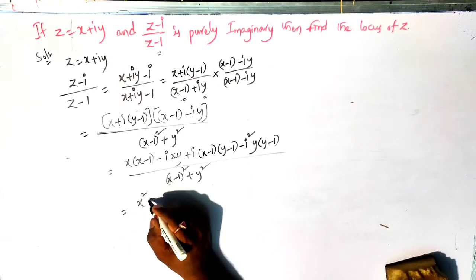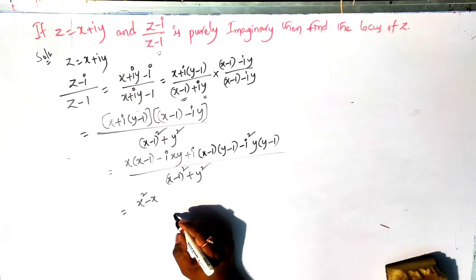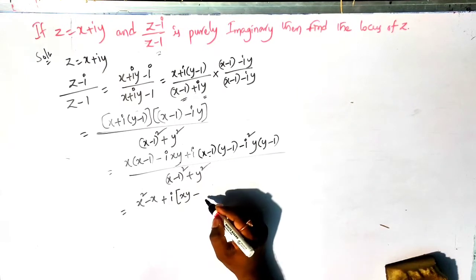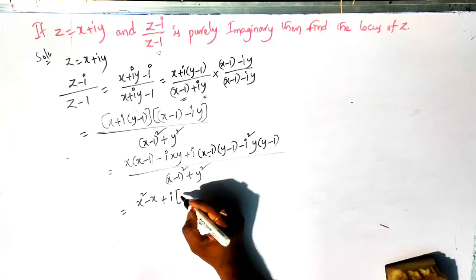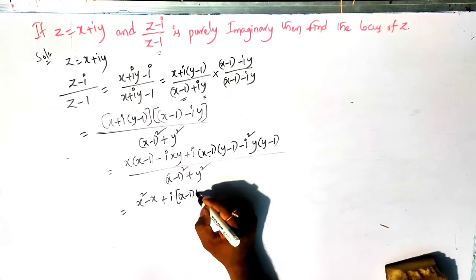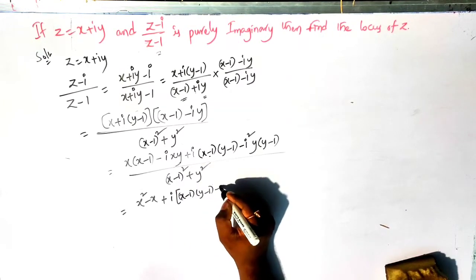So x square minus x, plus i, we take common: x minus 1 into y minus 1 minus xy.